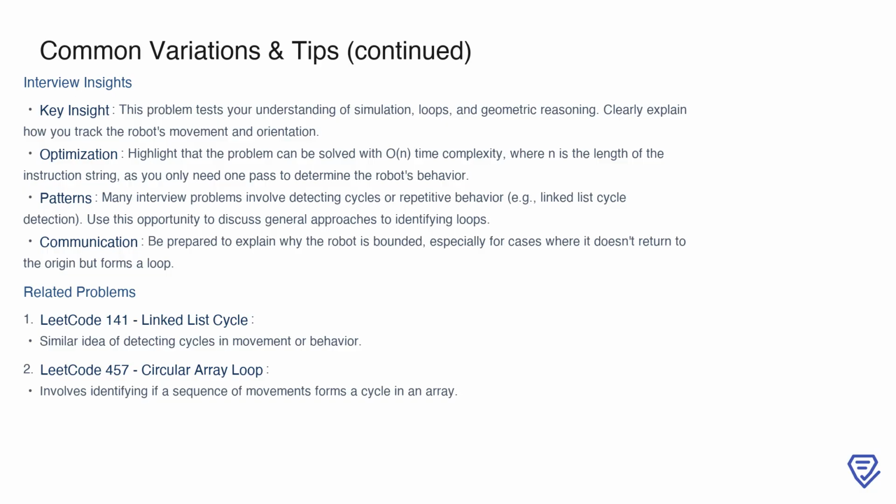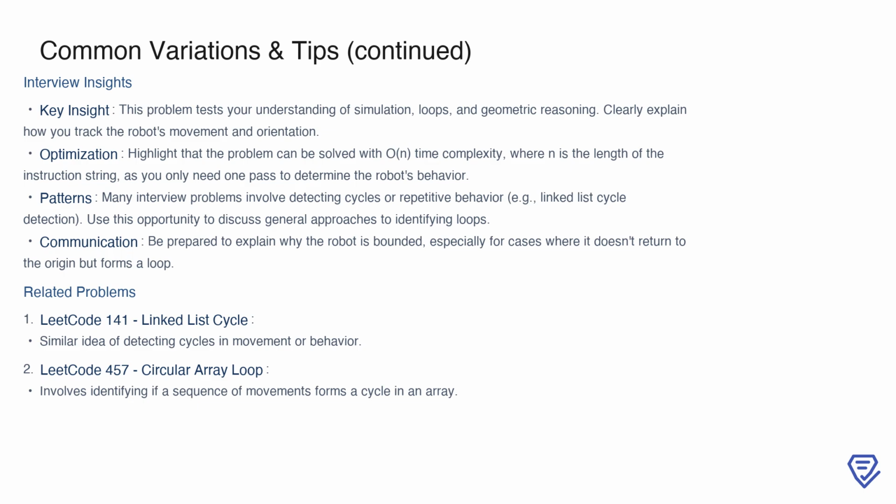Another important takeaway is recognizing patterns. Many interview problems require detecting cycles or repetitive behavior, much like in linked list cycle detection. This is an excellent opportunity to discuss general strategies for identifying loops. Finally, communication is critical. Be ready to explain precisely why the robot is bounded, especially in cases where it doesn't return to the origin but instead forms a loop.